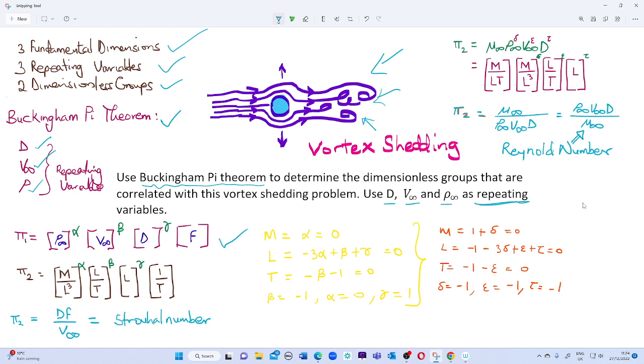So by translating our characteristic property here, which is the density, to the fundamental dimensions, we have M over L cubed. By translating V, we have L over T. By translating D, we have L. By translating F, F stands on its own.